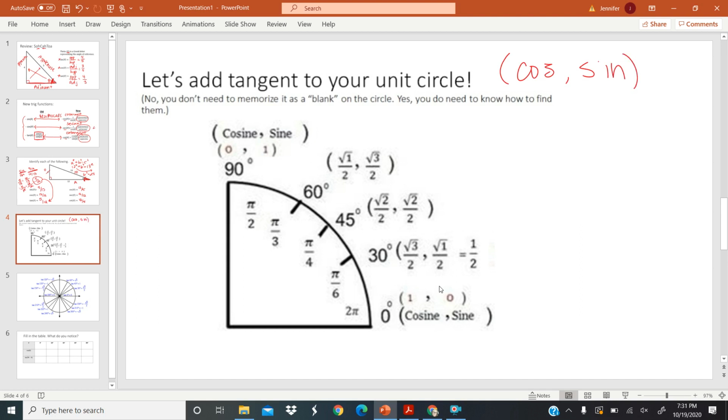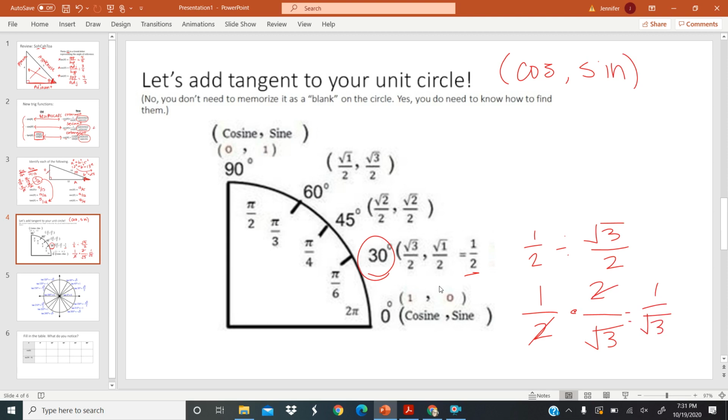So if I wanted to find the tangent at 30 degrees, then I would have 1/2, which is the sine, divided by the cosine, which is the square root of 3 over 2. And so then, to divide the fractions, I would have to multiply by the reciprocal, so it would be 1 over 2 times 2 over the square root of 3. So then our 2's are going to cross out, and you would have 1 over the square root of 3.